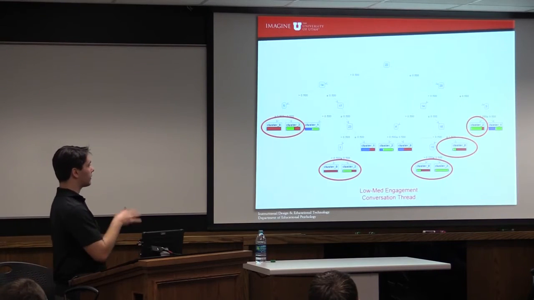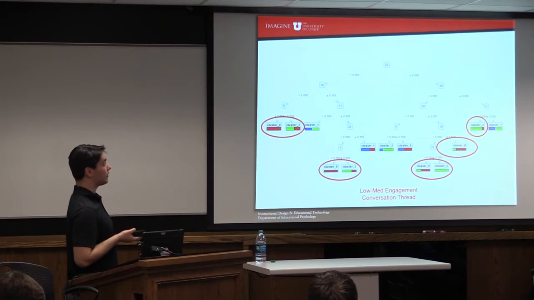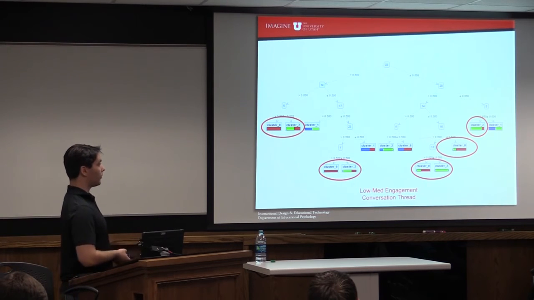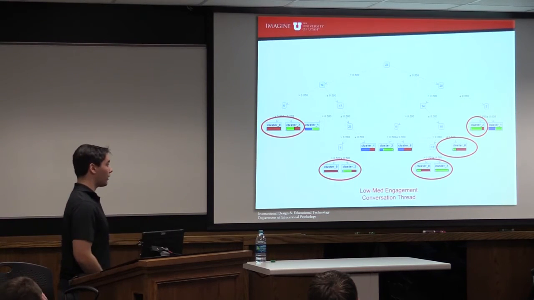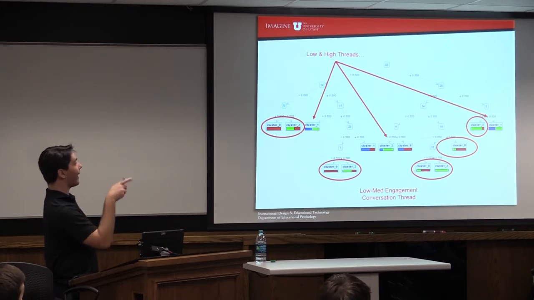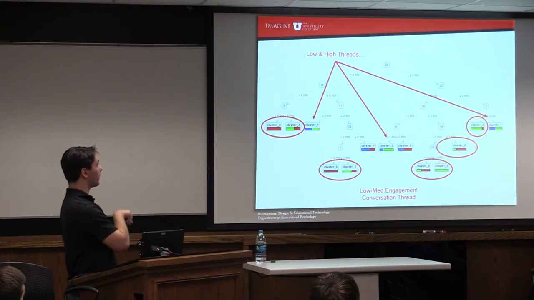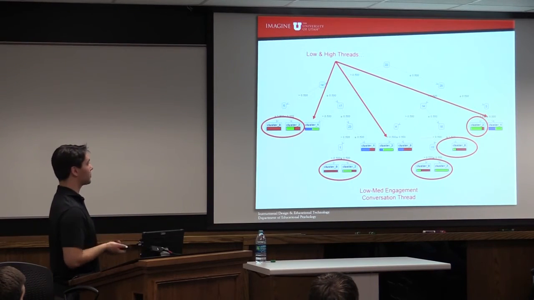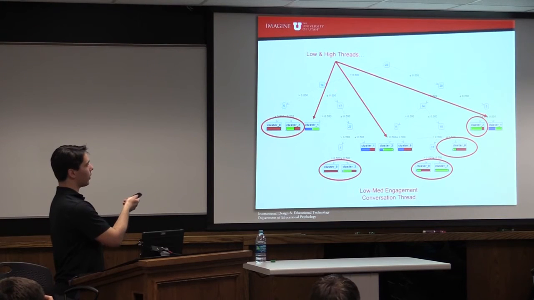This type of analysis allows us to identify conversation threads where the learners are most likely to fall under either low to medium engagement groups, or both the low engagement group and the highly engaged group, which are threads that are really interesting.